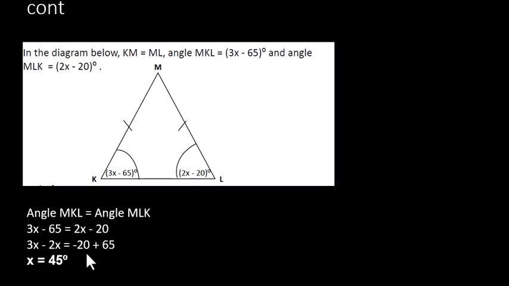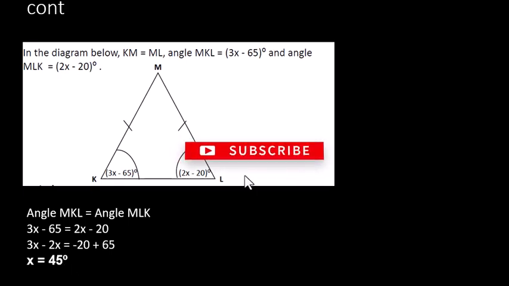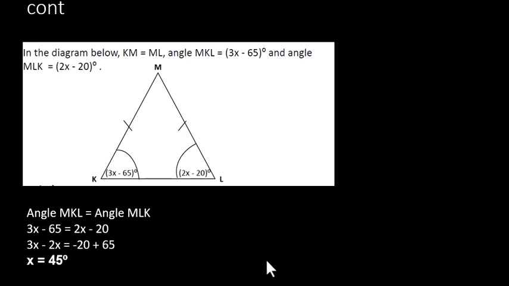Then when we add negative 20 plus 65, we get 45 as our answer. Okay, so this is how we are supposed to answer this particular question.